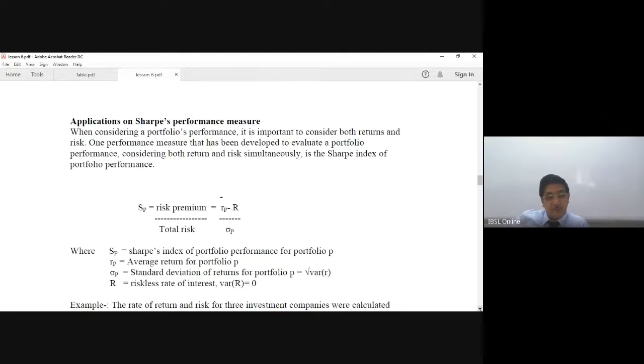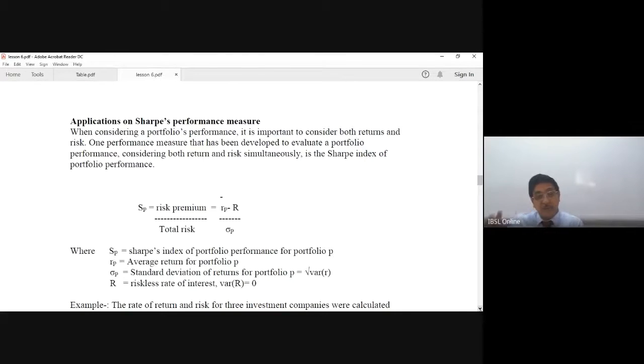So what is the fundamental reason for that? What do you mean by risk premium? Risk premium is the return over and above the risk-free return. When you deal with the risk-free asset, invariably you will get the risk-free return.